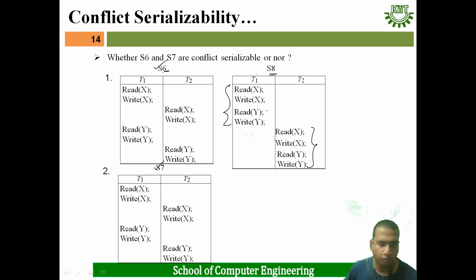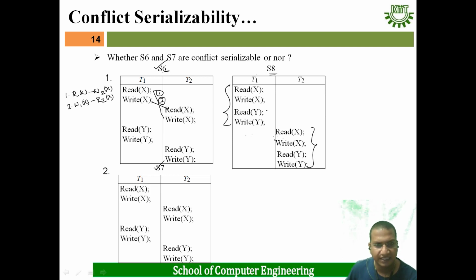Then what are the conflicting operations? First we have to find out. Here read X is present and write X is present here. Read X to write X. This is your first conflicting operation. Then here write X is present, here read X is present. This is the second conflicting operation. That means the first conflicting operation is R1X to W2X. The second conflicting operation is W1X to R2X.